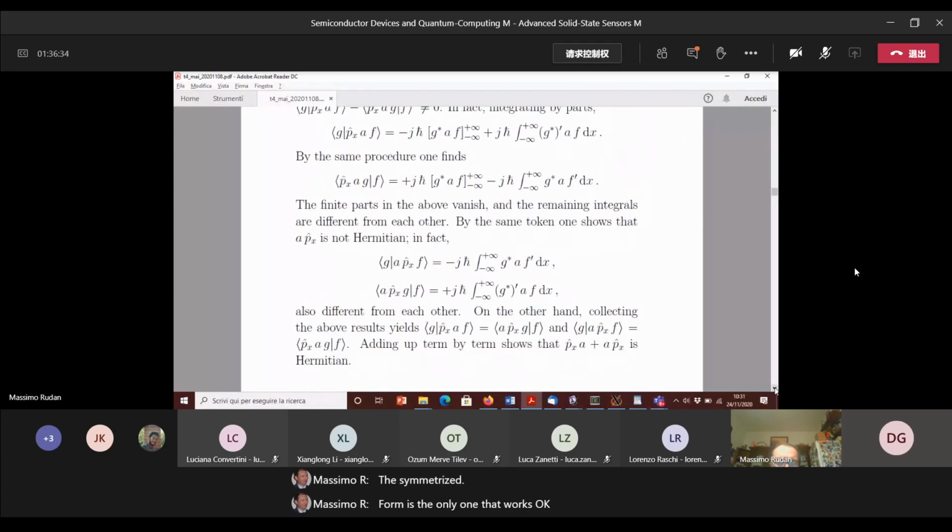This is useful because in the quantization of the dynamics of a charged particle subjected to the electromagnetic field, what you find is exactly this type of product. But we shall not consider this case.